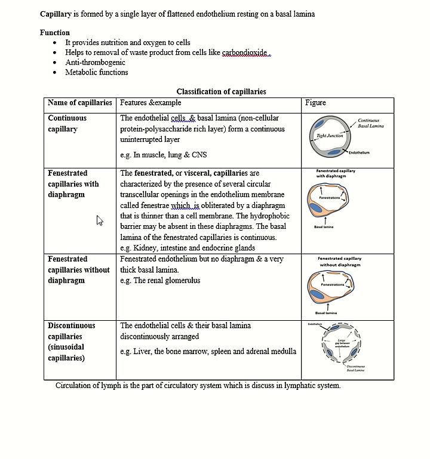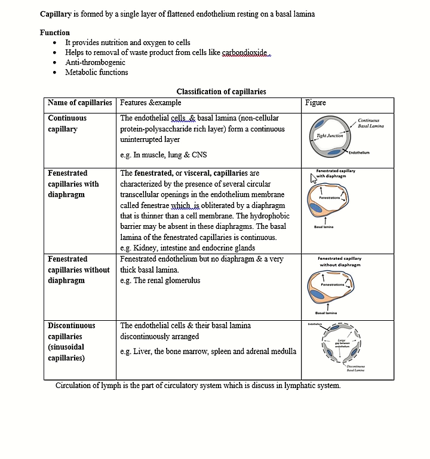The fenestrated capillary with diaphragm and without diaphragm are both found in the kidney. Without diaphragm, this capillary is found in the glomerulus of the kidney, and in other parts of the kidney fenestrated capillary with diaphragm is found. Now we have to understand what a fenestrated capillary is. In the fenestrated capillary, the endothelium is continuous and the basal lamina is continuous.